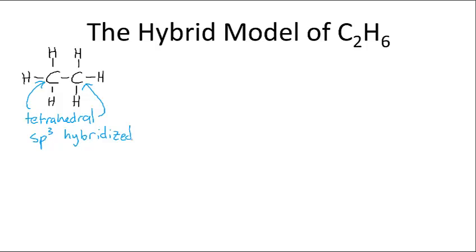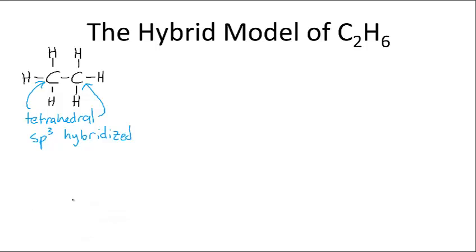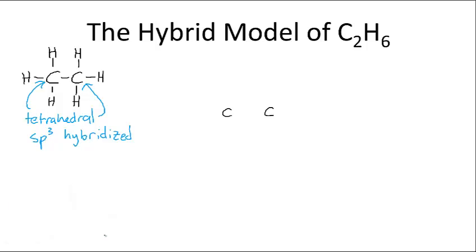So I'm going to do my best to just draw it. I have a carbon atom here and a carbon atom here, and each one is sp3 hybridized. I'm not going to do the 3D structure very well, but they're each going to have an orbital pointed towards each other in the middle.